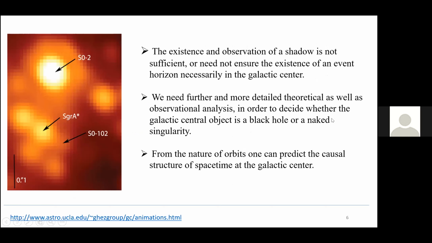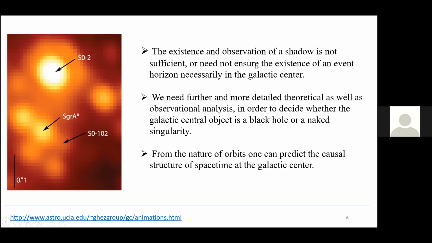As we know, in April 2019, the Event Horizon Telescope revealed the shadow image of the galactic center of M87, and in the near future, it is going to reveal the shadow image of the Milky Way galactic center, where there exists the compact radius of Sagittarius A star.